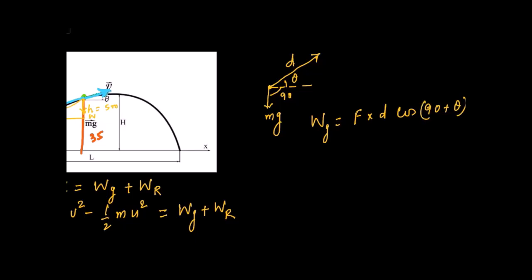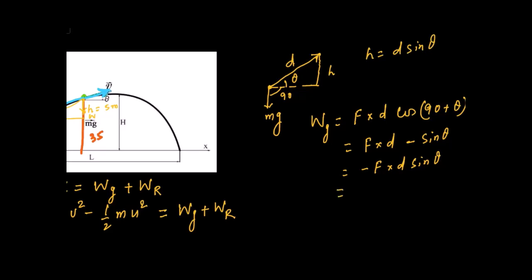F into d cos of 90 plus theta, which is minus sine theta. So this is equal to minus F into d sine theta. But d sine theta is h. H is equal to d sine theta. So this is equal to minus F into h.